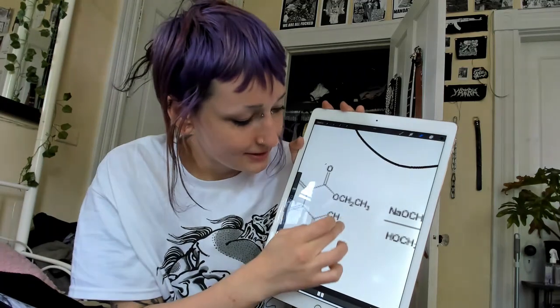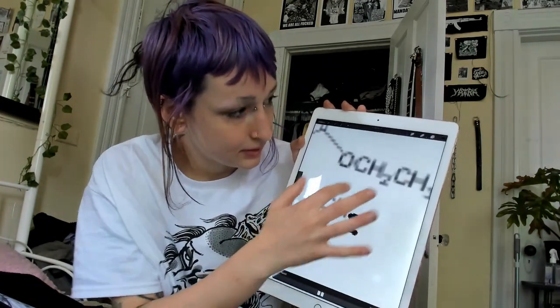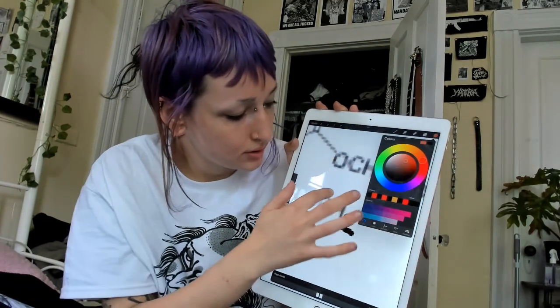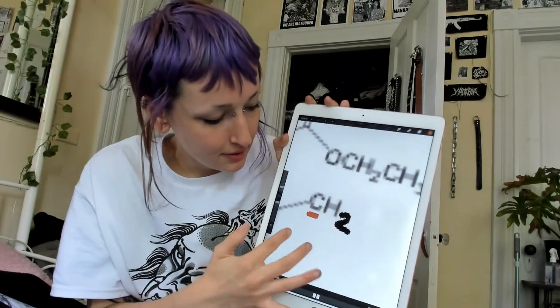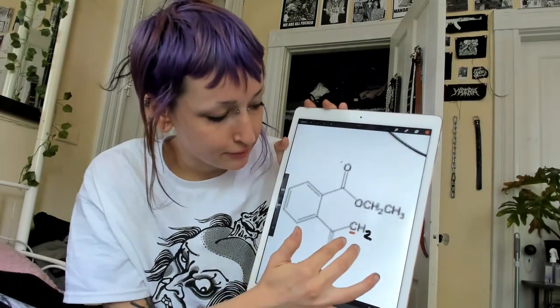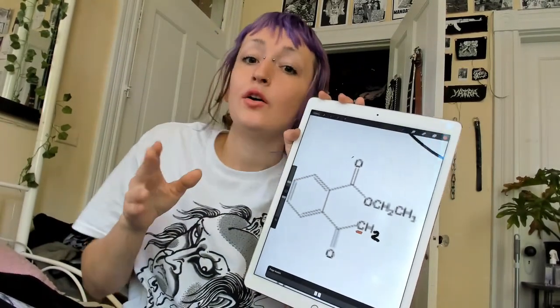transforms into a CH2 minus, well actually that negative charge needs to be on the carbon. So we have a negative charge that we've gained there from that first step. Now, what do we have right there?